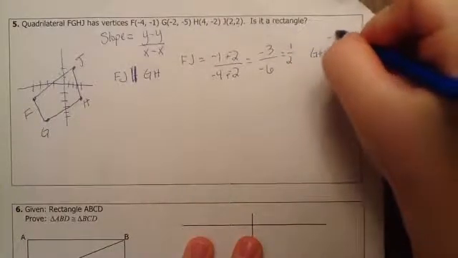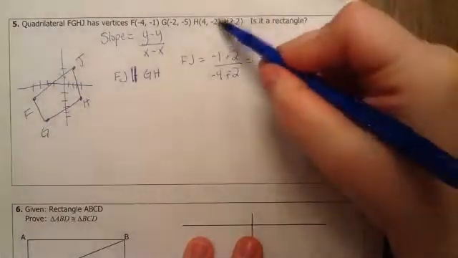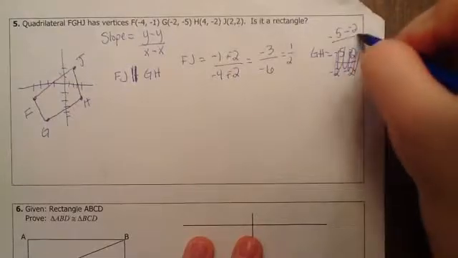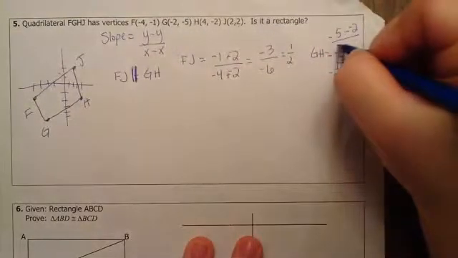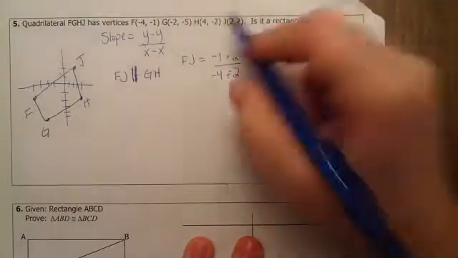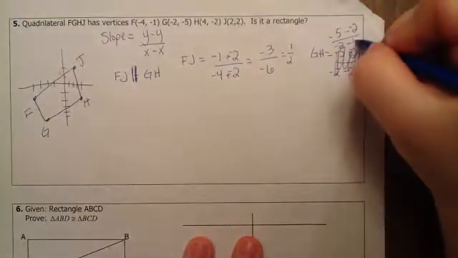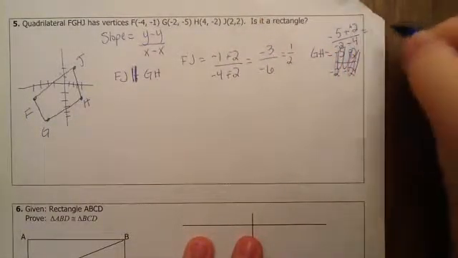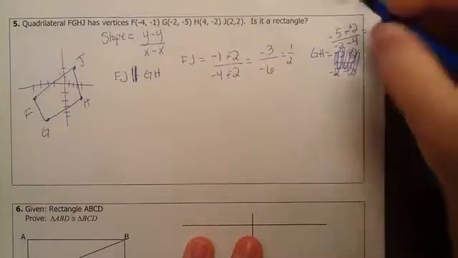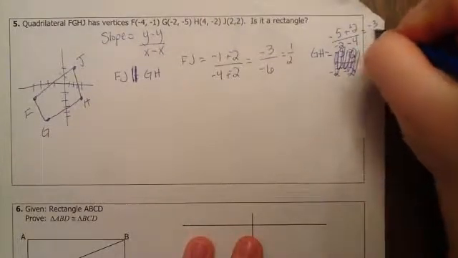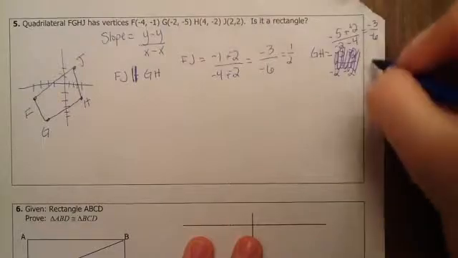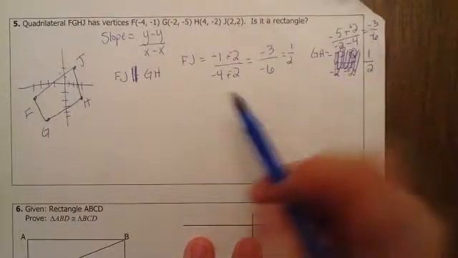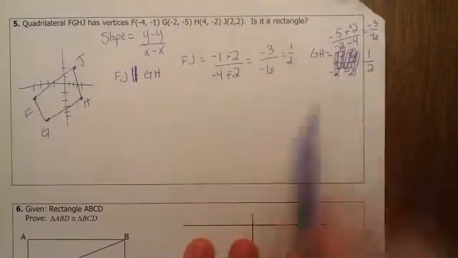So -5 minus -2. I was right on top, but on bottom I switched. -2 minus 4. There we go. That's a little better. Sorry, guys. So -3 over -6. That is also 1/2. So far I'm good. These are parallel. That's good.